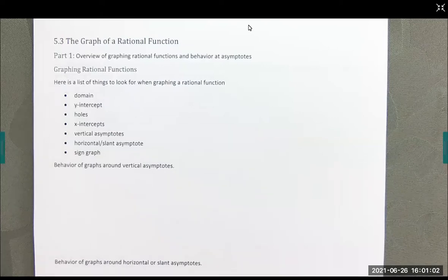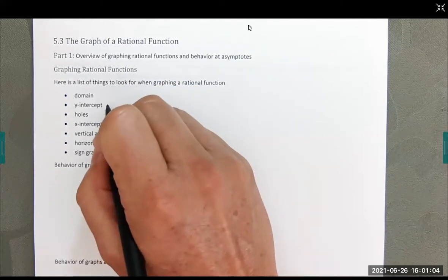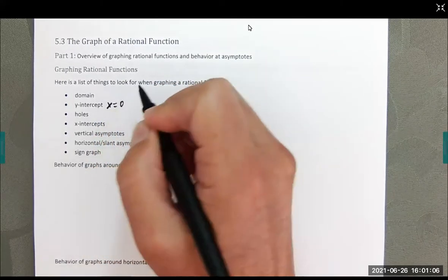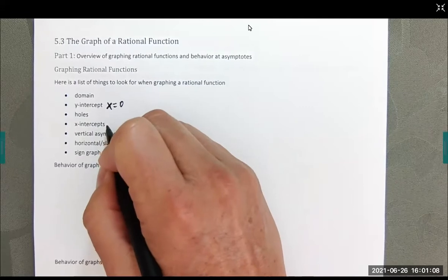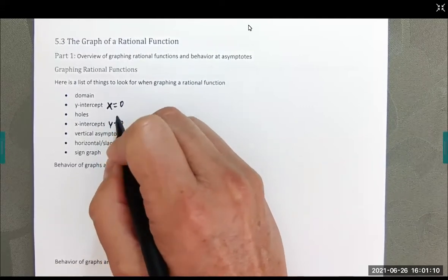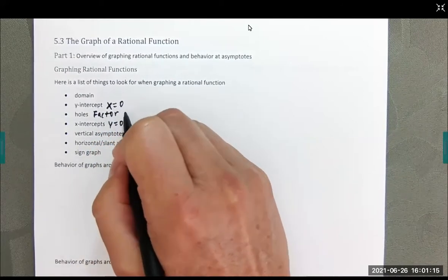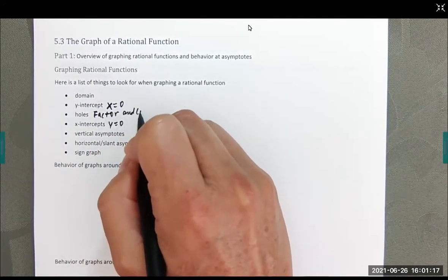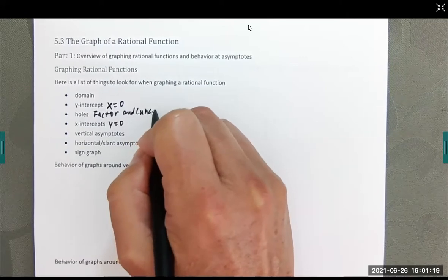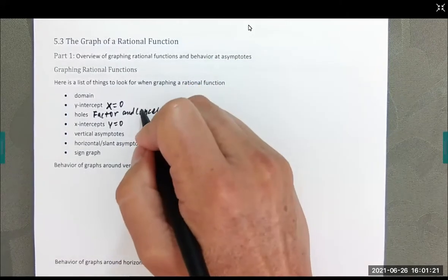But let's go ahead and recall that the Y-intercept is when x equals 0, and the X-intercept is when y equals 0. For this one, you'll have to factor. Cancel. Now, if nothing cancels, then you don't have any holes.